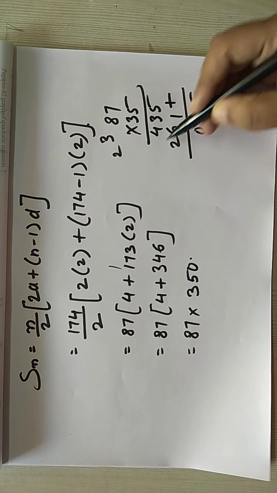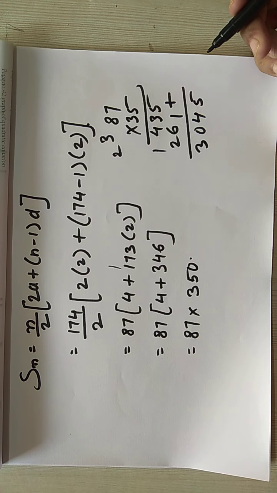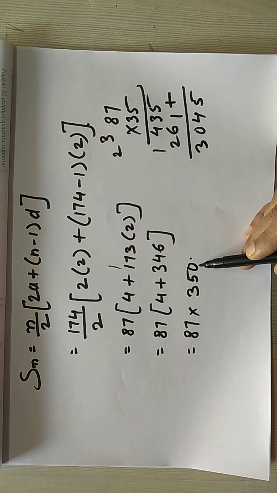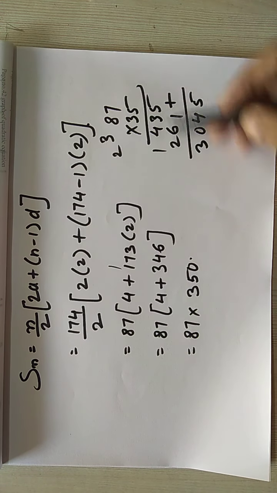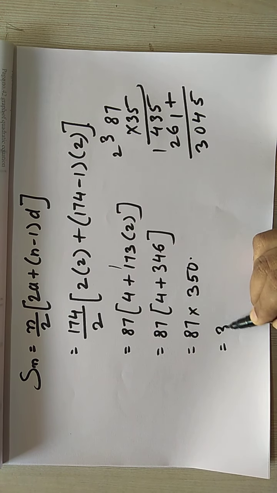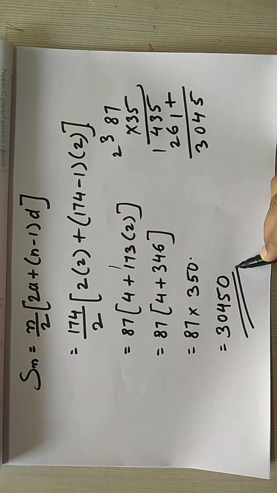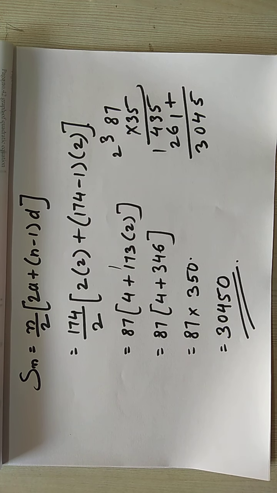So we have the number 3045 and this 0 which we did not use over here. So this will be 3045 and this 0 over here. Okay. So this is how we will solve the SN sums. You need to just learn the formula by heart and substitute the values.